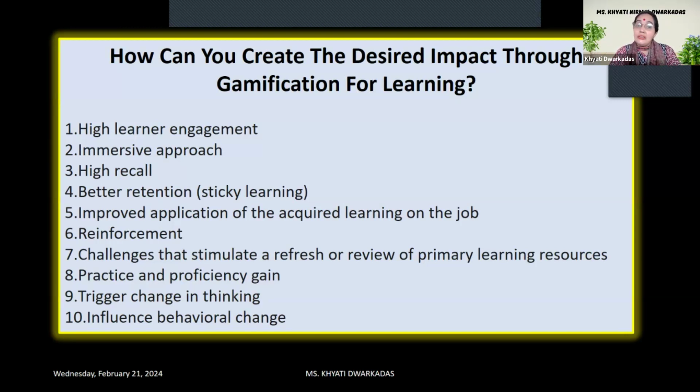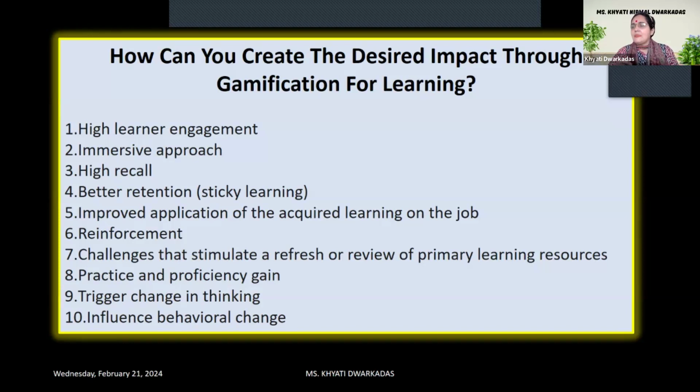It leads to high recall because it's subject related, better retention, improved application of the acquired learning skills on the job, reinforcement if the child plays it multiple times, challenges that stimulate a refresh or review of the primary learning resources.